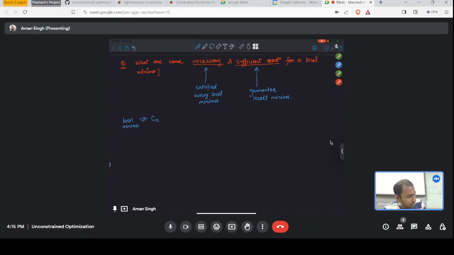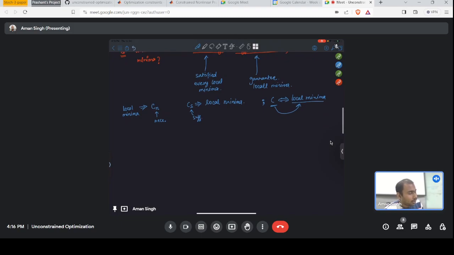If there is a local minima, it will imply the necessary conditions. If sufficient conditions are true, then we can say local minima. If some conditions are both, then if we can find such a condition, we'll be sure that this is 100% a local minima, and all local minima also follow these conditions. So this is an if and only if condition.